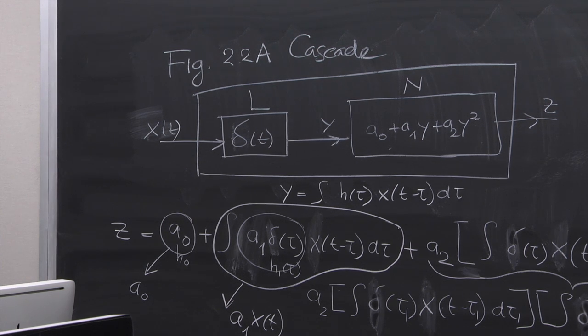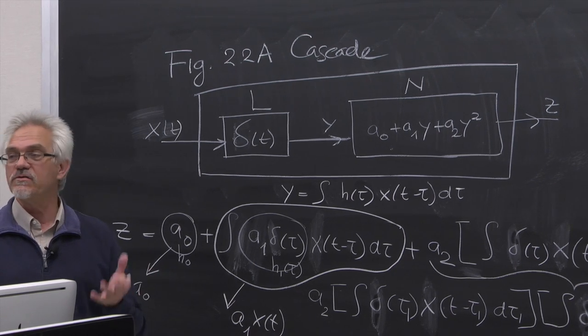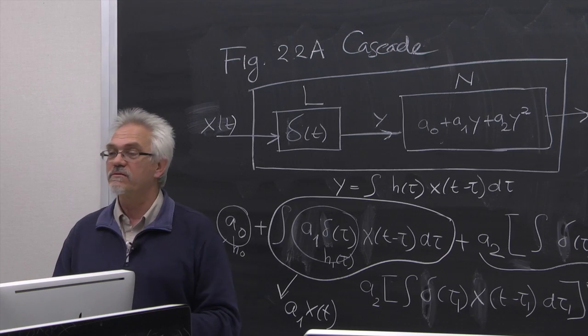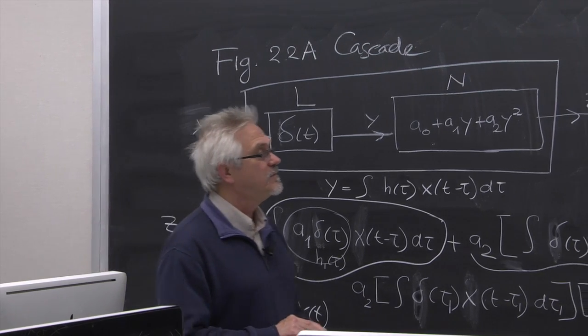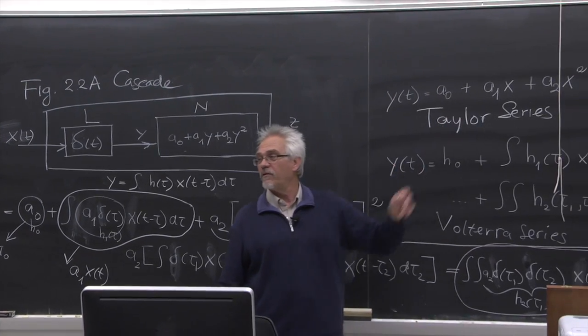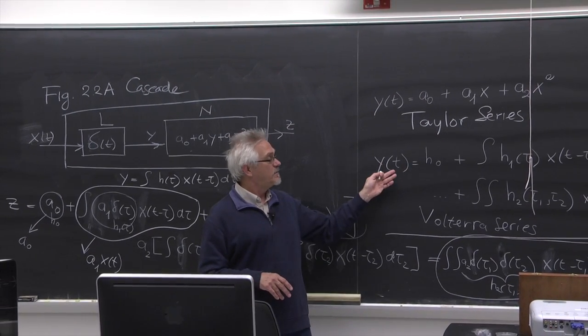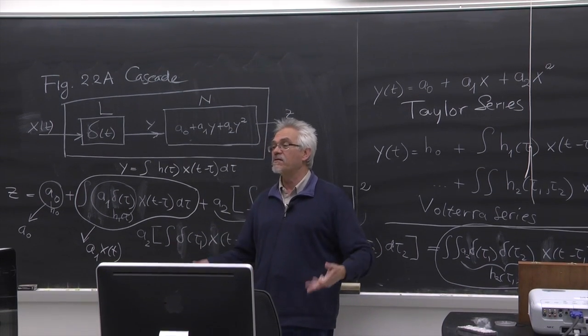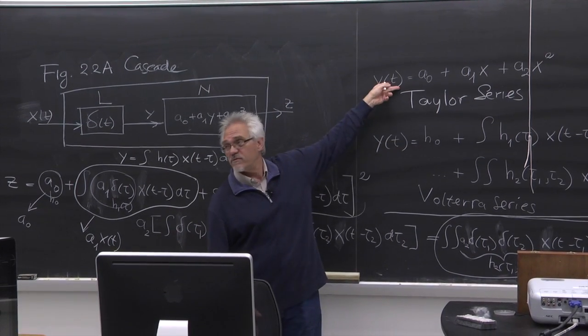And you can also see that there is a strong relationship between the Volterra series and the Taylor series, because the Taylor series basically gives you the static version of the nonlinear systems, and Volterra basically is the dynamic. And if you make the dynamics go away, then this thing becomes the Taylor series again.